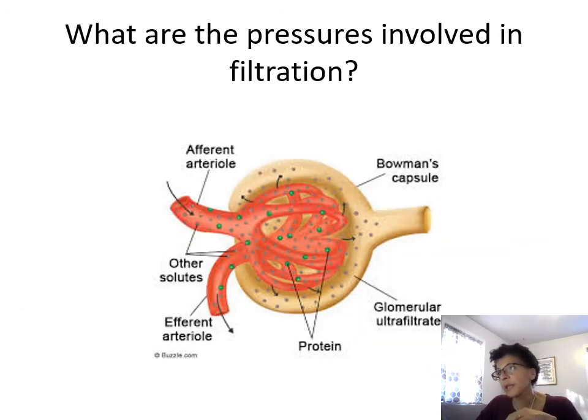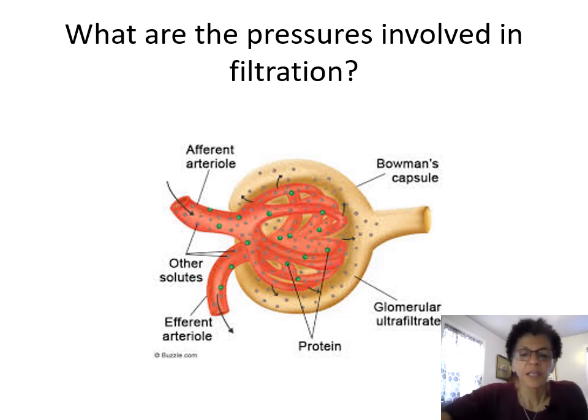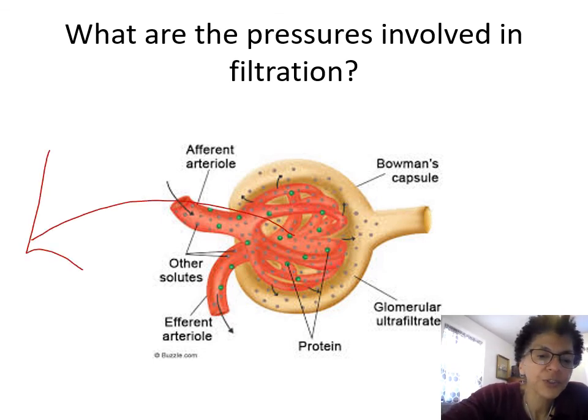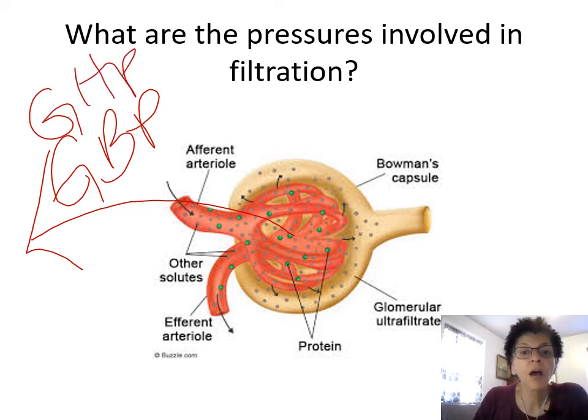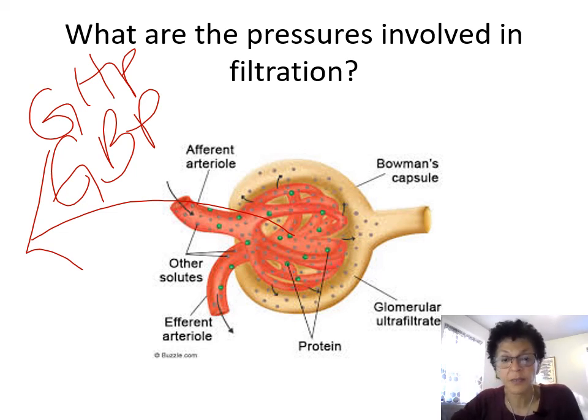You also want to be able to describe, characterize, and explain the process of filtration. So in filtration, remember, you've got 3 pressures. There is glomerular blood pressure, or glomerular hydrostatic pressure. That is a function of the amount of blood in the glomerulus, and it is a force pushing out. That is the only one that can be easily changed.